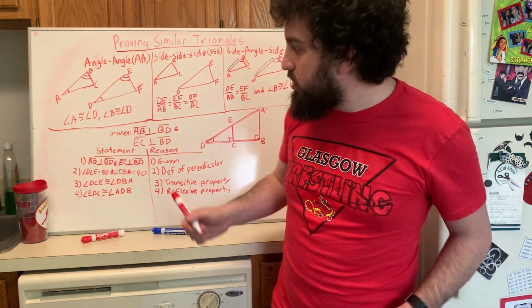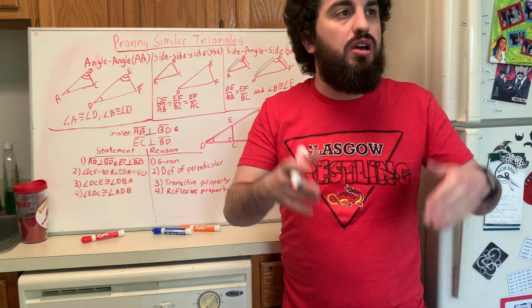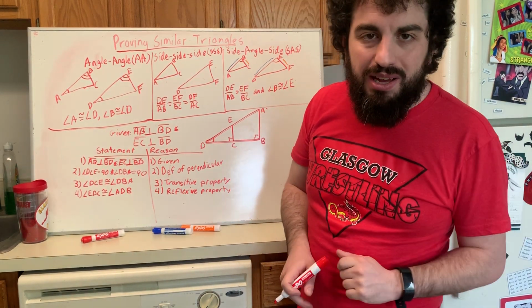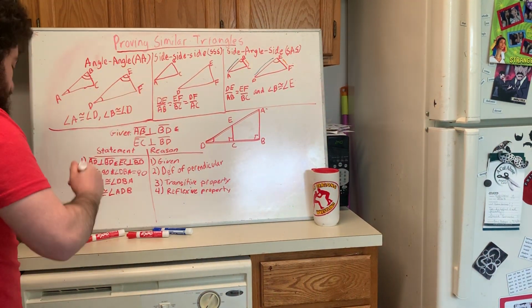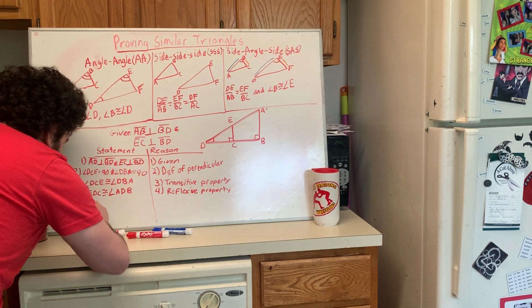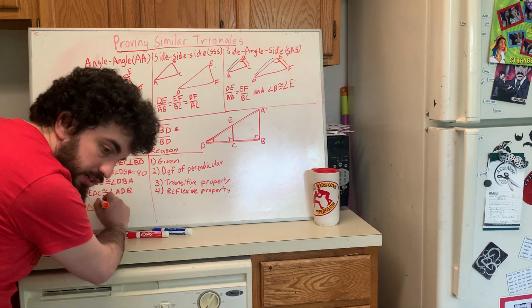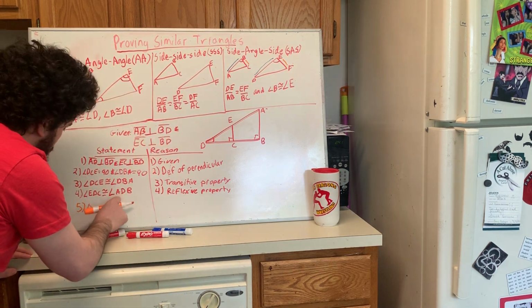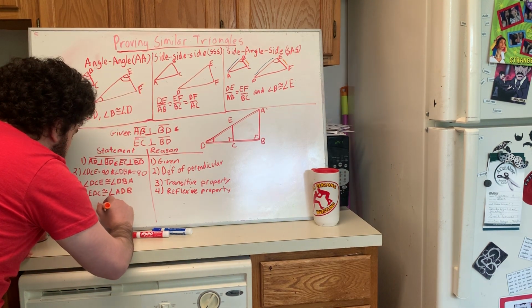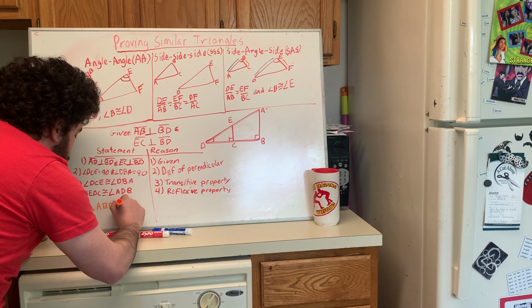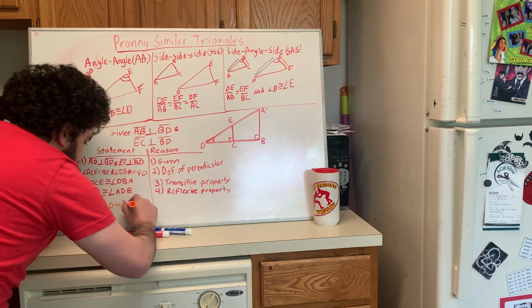To make our finishing statement, I have this angle and the right angles that match up. So now I can make a statement about my triangle. My finishing statement is going to be triangle ABD is congruent to triangle ECD. I'm going to go with the order I put them on our paper.